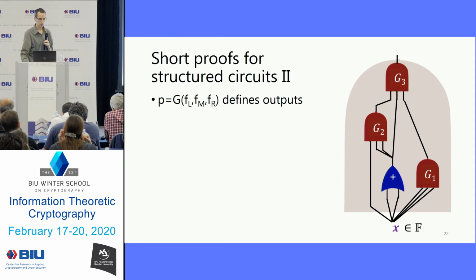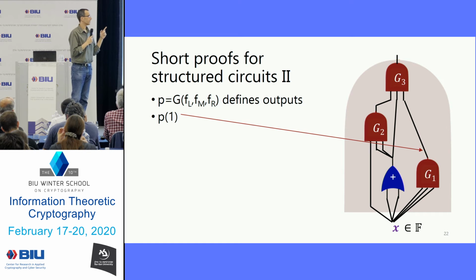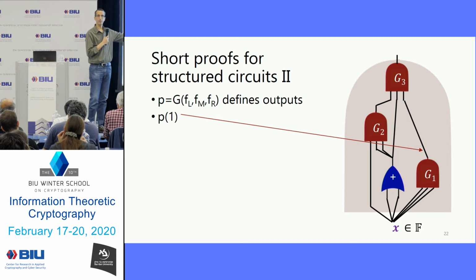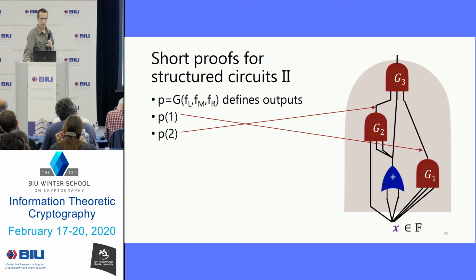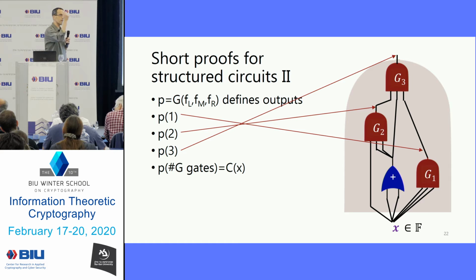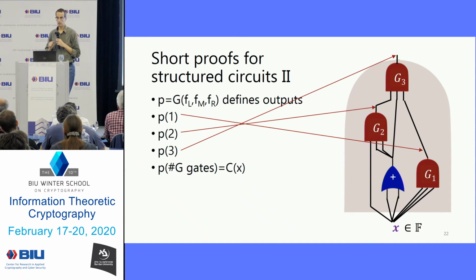Why? What is P1? P1 is exactly the gate G on FL of 1, Fm of 1, and Fr of 1. But these are exactly the values entering into the gate G1. So P of 1 is going to be the output of G1. Same way, P2 is going to be the output of G2, P3 the output of G3, and P, the last gate, is going to be the output of the circuit.